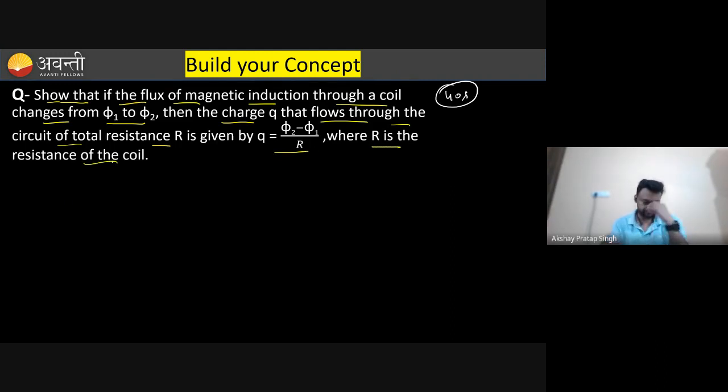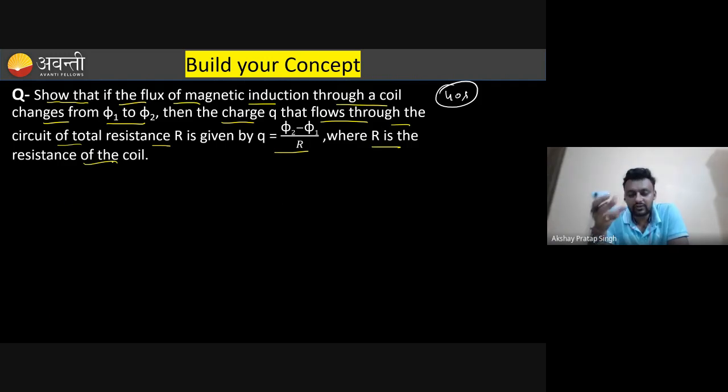So they are saying that flux is changing from phi1 to phi2 through a coil. Then they want us to calculate the charge flown through the circuit. Clear? So they are basically asking for charge.